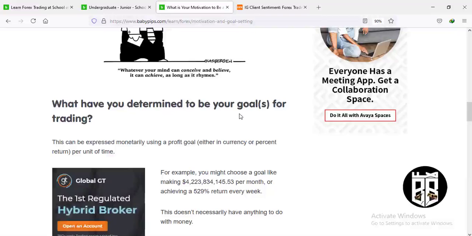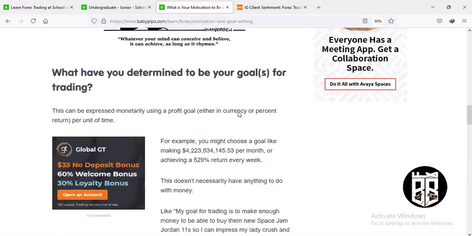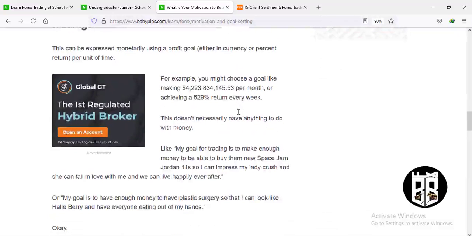Now, what have you determined to be your goals for trading? Do you just want to make a buck, make a living, change your lifestyle, whatever it is? You might choose a goal like, I want to make XYZ trillion per month, or increase my percentage earnings every week by 1000% or so.